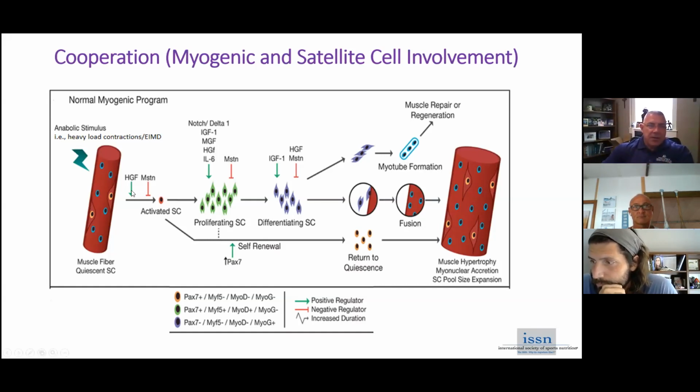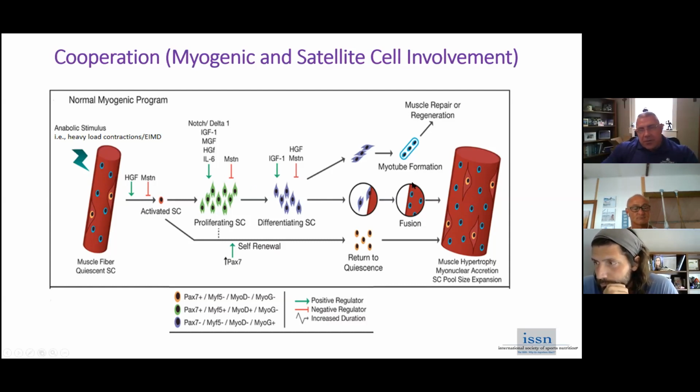They lie quiescent along the surface of a skeletal muscle, and in certain scenarios we can activate them. We know now that heavy load exercise, particularly with enough load to contribute to muscle damage, will call these satellite cells into action out of quiescence.